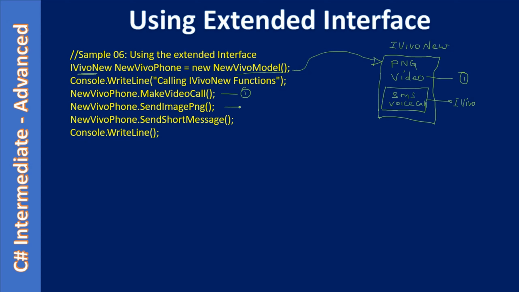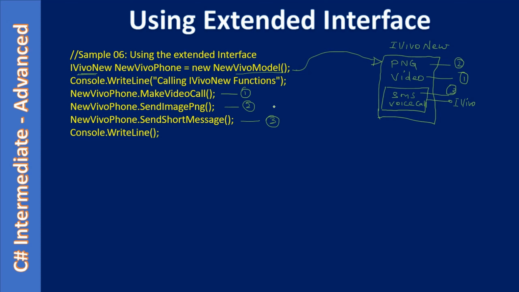Next we are making a call to send PNG, so that's also from the new interface. Then we send short message, so this one is coming from the base interface IVivo. Why? Because IVivoNew extends IVivo, so that's why we are able to make a call to the base phone functionality of sending short message.